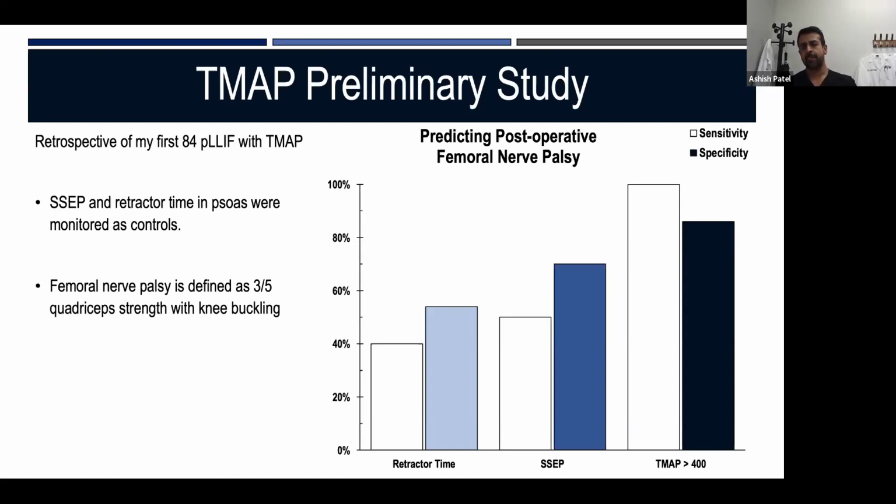But what we found was that TMAP, using this protocol in which we ran it in the most critical steps of lateral, had a sensitivity of 100% and a specificity greater than 90% of capturing a post-operative clinical weakness.